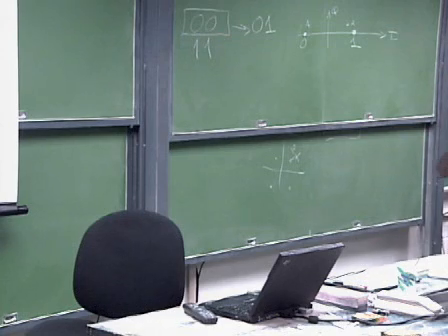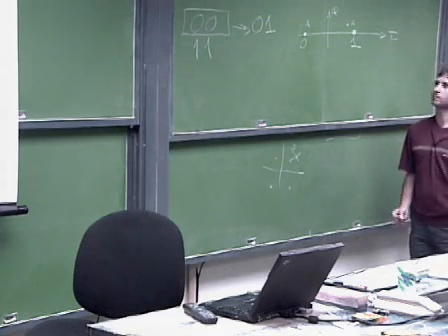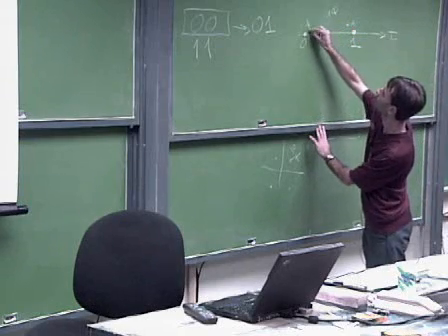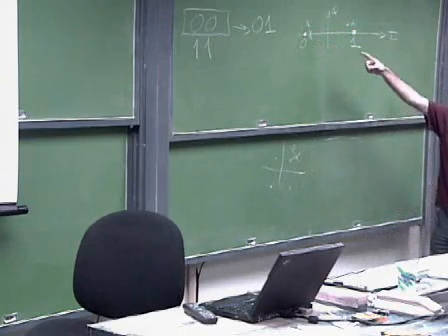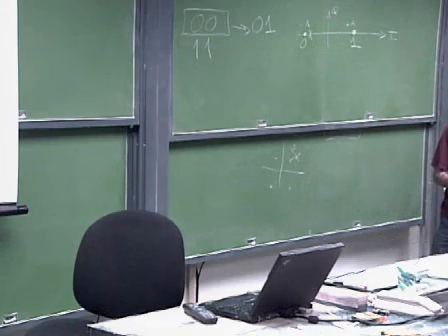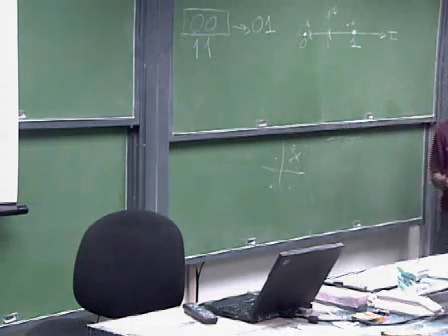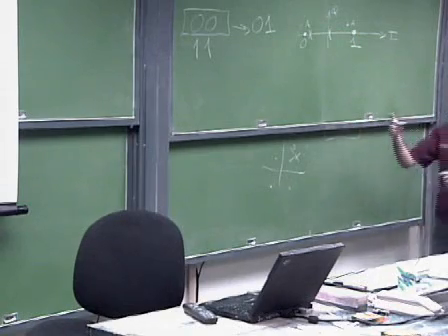The first symbol I received at my antenna was here. So I said, okay, that's a 0. The second I received was here. So I said, okay, that's a 1. And so I have 0, 1.